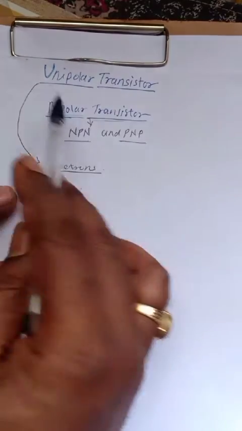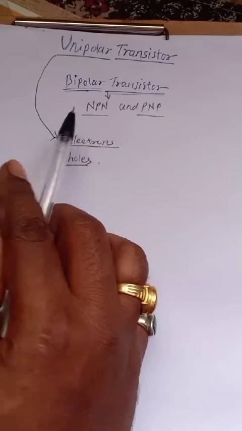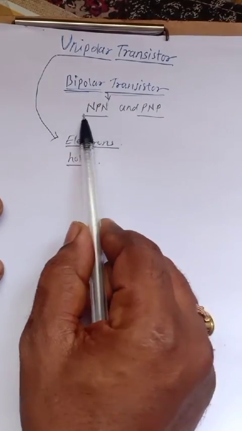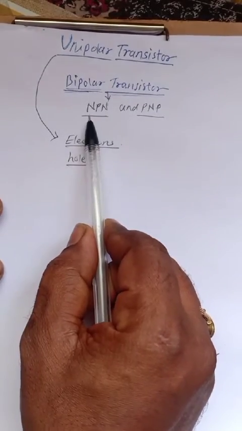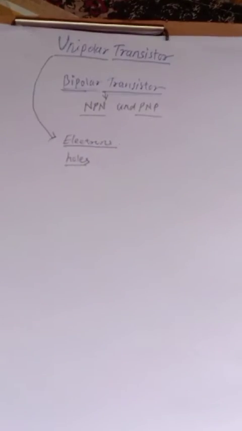Here if you observe NPN and PNP transistors, the current flowing through these transistors is because of electrons as well as holes, so it is known as a bipolar transistor.